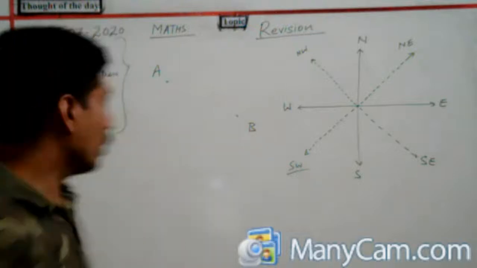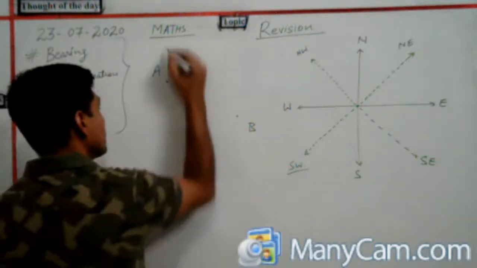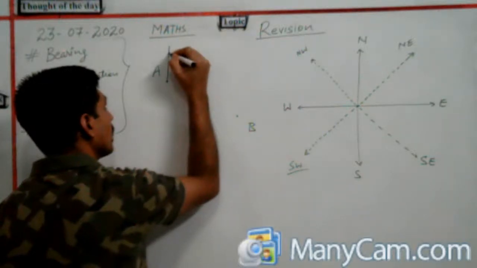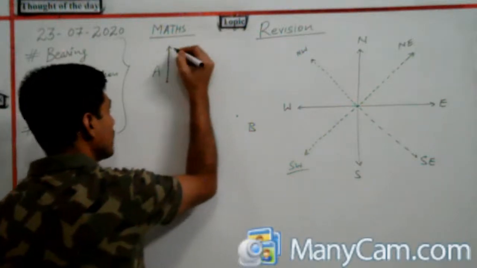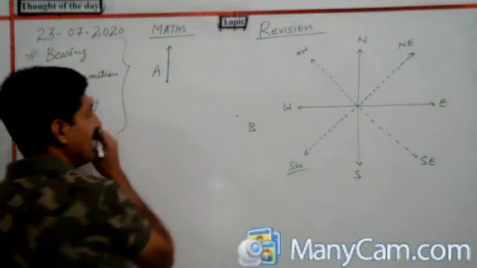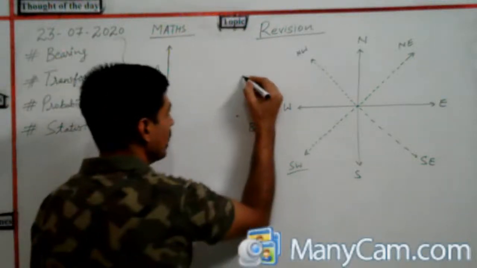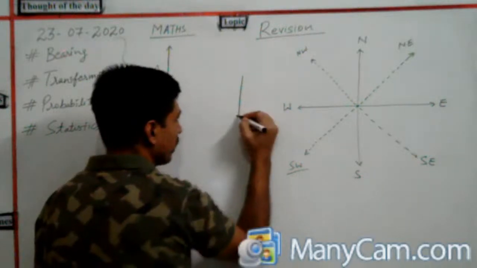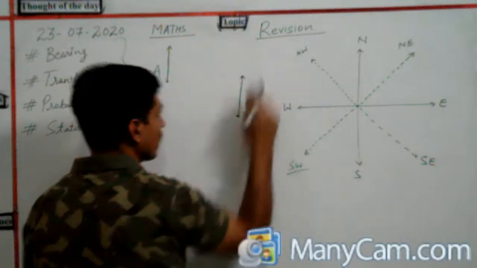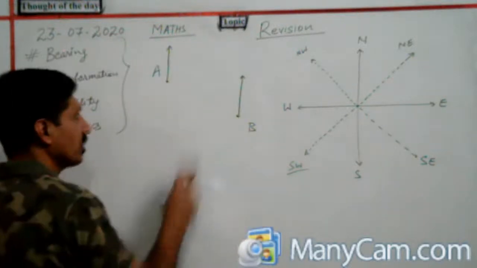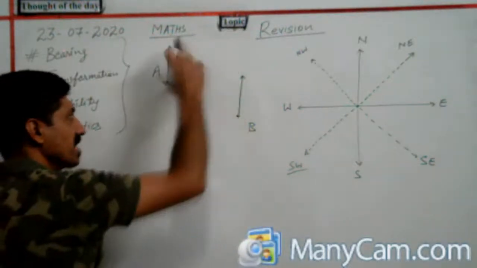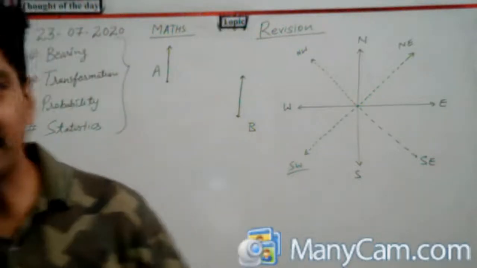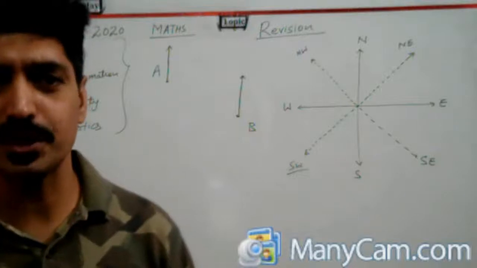We consider this the north direction from ship A, and this the north direction from ship B. The specialty for these two ships is that these two directions towards north are always the same direction. So these two vectors are parallel to each other.